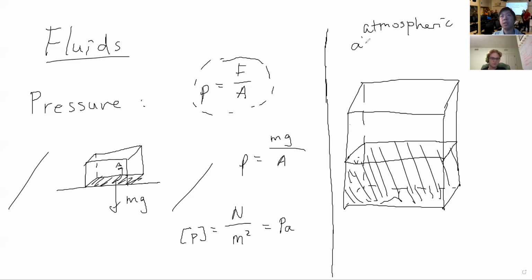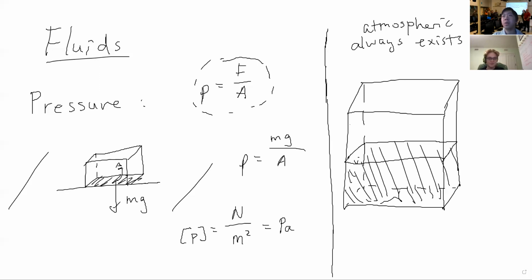So atmospheric pressure always exists, wherever there's an atmosphere. We're assuming it's not in a vacuum.